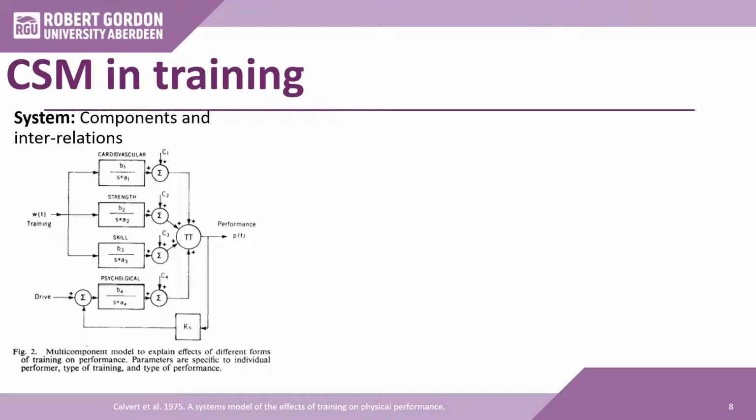And performance in the sport was then modulated by psychological components that they summarized by the athlete's drive. So what's interesting, when you're specifying your system, is that the absence of links represents just as strong an assumption as the presence of links. So for example, in the system, there's no arrow from strength to skill. So in our system, we're basically stating that there's no interaction between these two things.